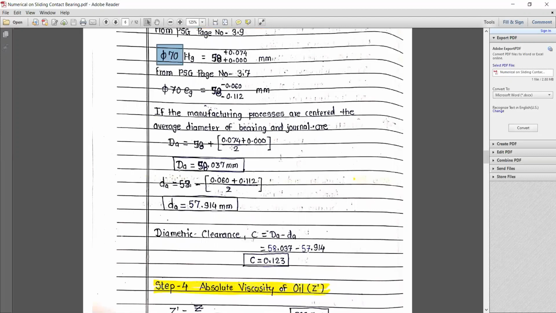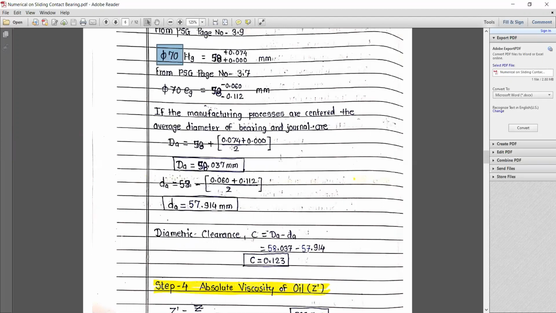Now based on this tolerance table, we need to find the actual or average diameter of the bearing as well as the journal. The diameter DA I have mentioned as the diameter of the journal. For the bearing, that is the maximum one, 58 plus 0.074 plus 0.00 divided by 2.